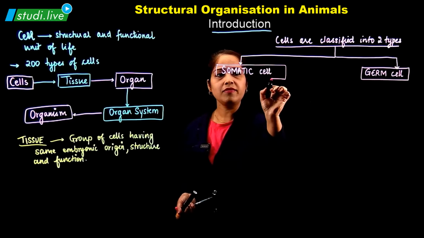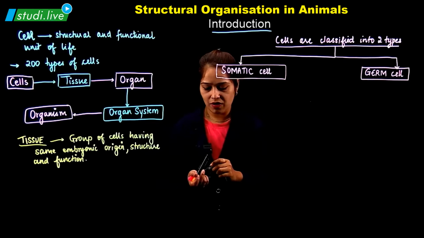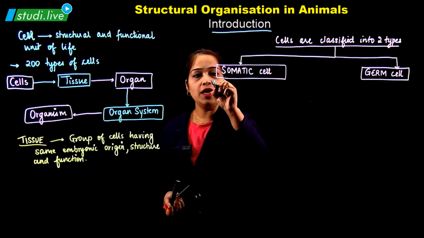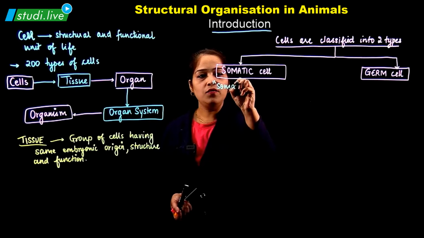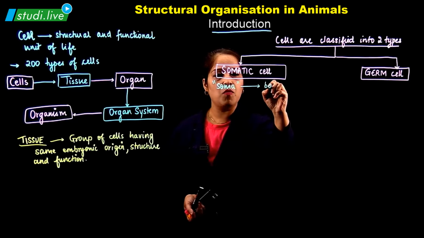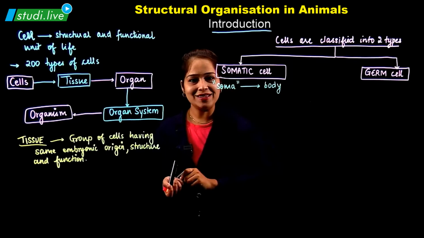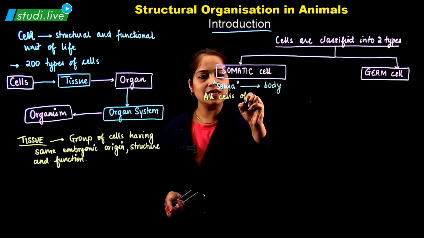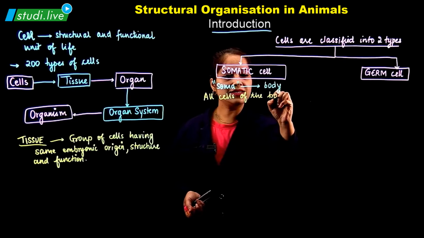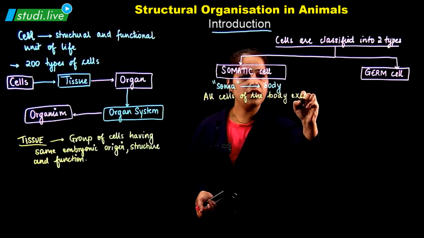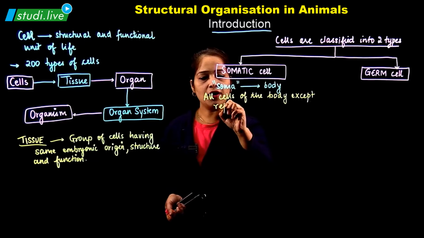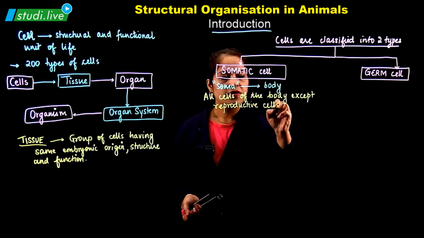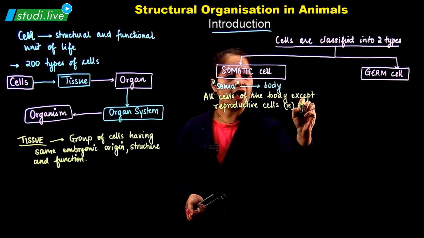The word somatic has the word soma, which means body. So the somatic cells are all cells of the body except reproductive cells, which are the sperm and the ova.